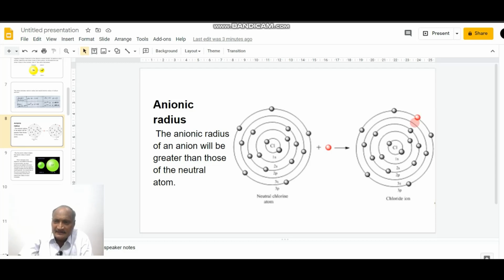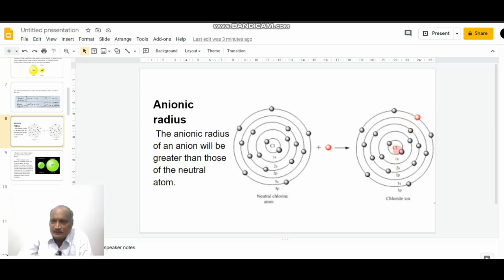The increased negative charge expands the size of the anion. As the size expands, the attraction of the nucleus over the electron becomes smaller and smaller.